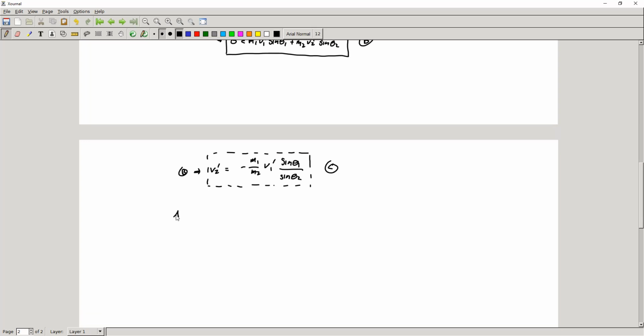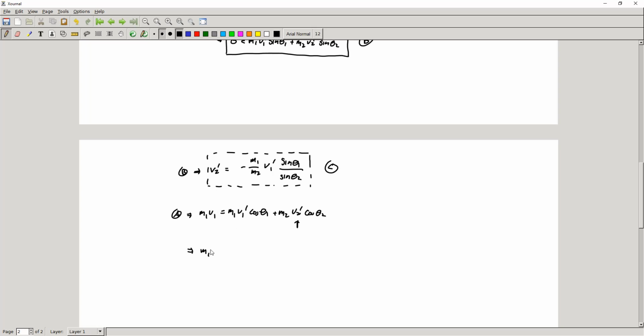We have A here. I'll rewrite it. m1 v1 equals m1 v1 prime cos theta 1 plus m2 v2 prime cos theta 2. And now the goal is to substitute in for this v2 prime our equation C, so let's do that.